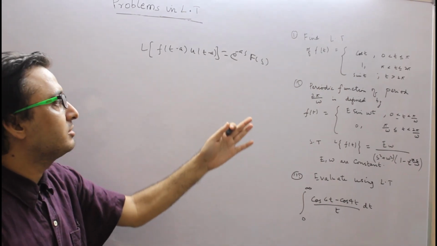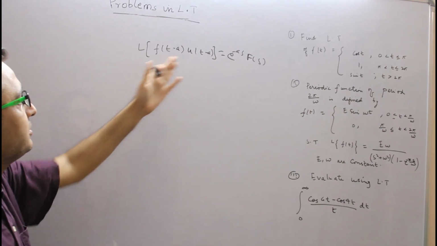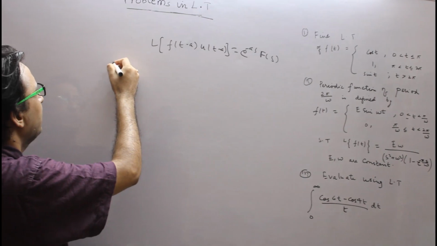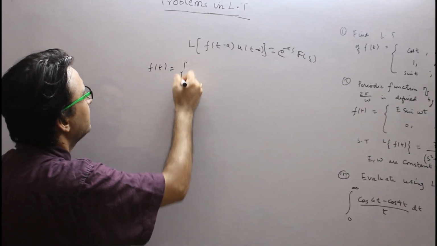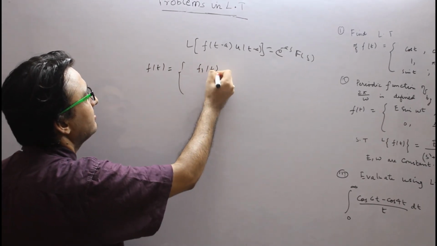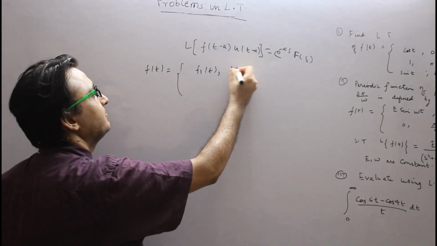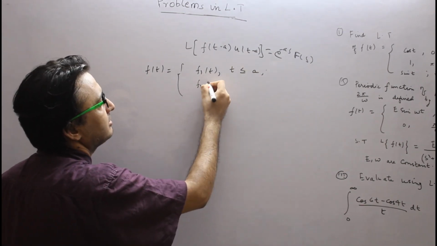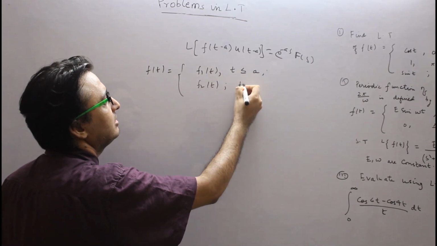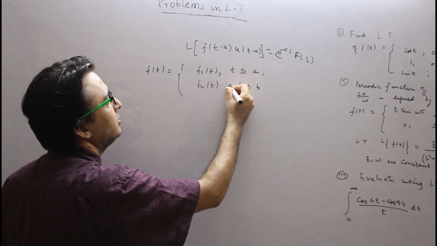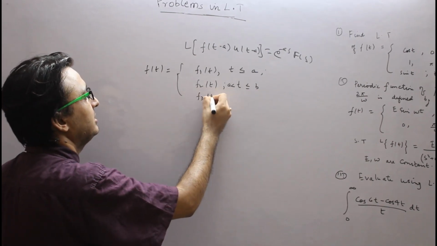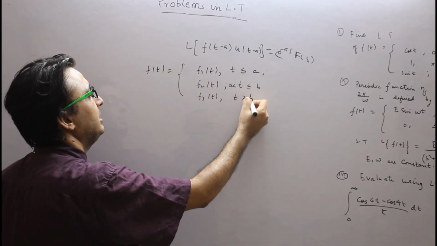Before I solve this question, I would like to give you a general perspective on how any function f(t), say, is written as f1(t) in the range t less than or equal to a, its value is f2(t) for t ranging from a to b on a closed interval, and f3(t) for t greater than b.